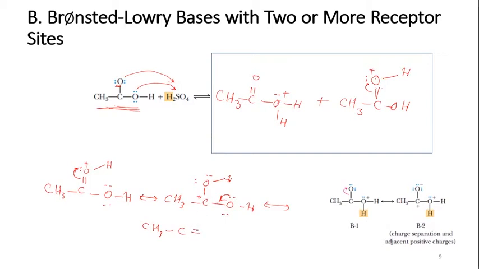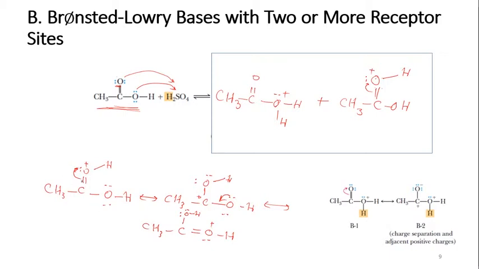So I will have here double bond OH with a positive charge, and here I will not change this one. So those are the three resonating structures.